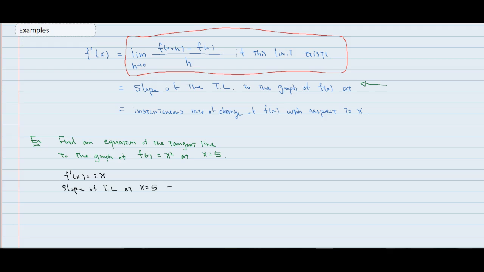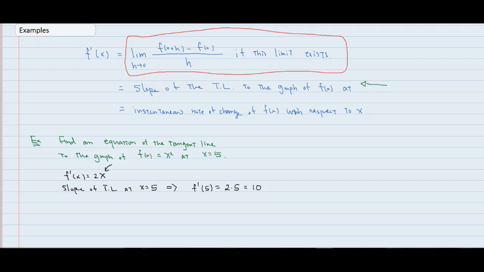This is given by evaluating the derivative at x equal to 5. That means I need to plug 5 into the x in this function, so this is 2 times 5, which is 10. So without going through the derivative computation at x equal to 5, I can just find that derivative function and plug the value of 5 into it to get the slope 10.